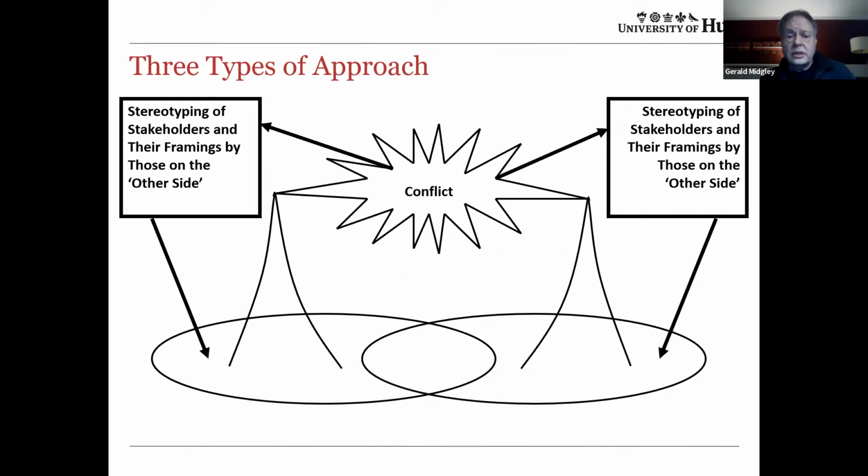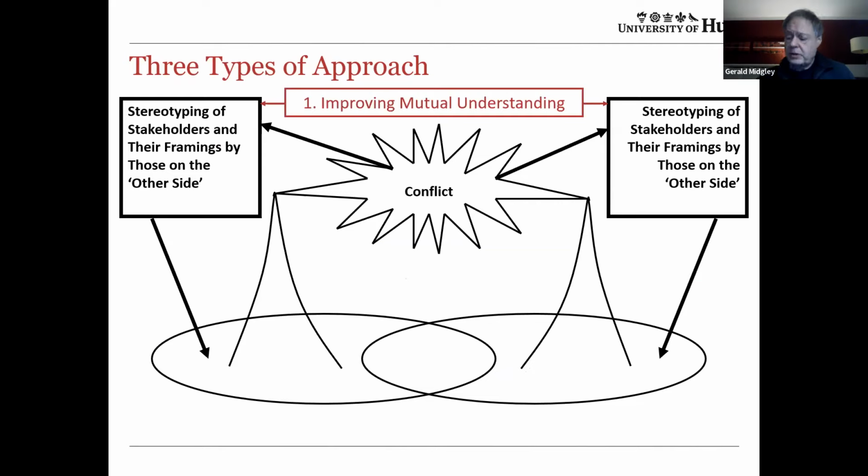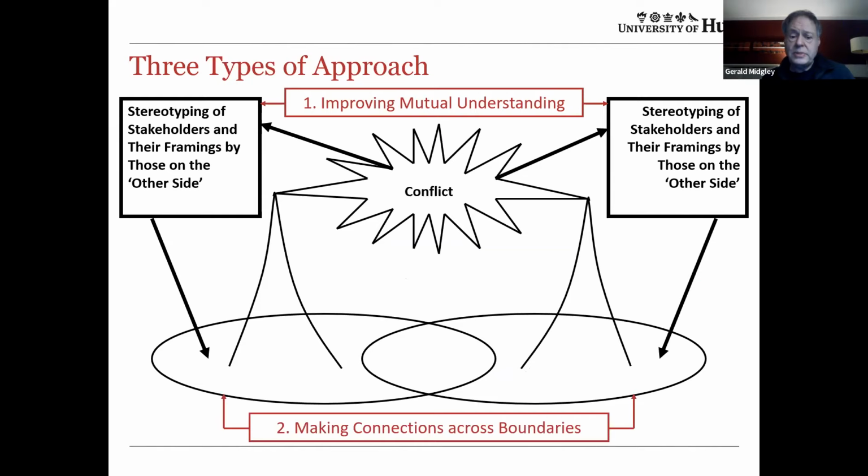So we're back to this model again, and I want to suggest that the model suggests three different types of approach. We've got approaches that improve mutual understanding, so those directly tackle the stereotyping of stakeholders. We've got approaches that make connections across boundaries, so you begin to see that things in one person's boundary, if I can bring my cursor up, might actually connect with things in the other person's boundary there.